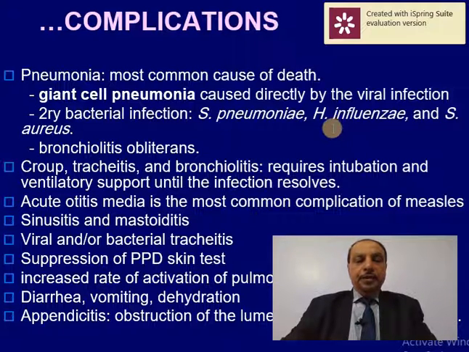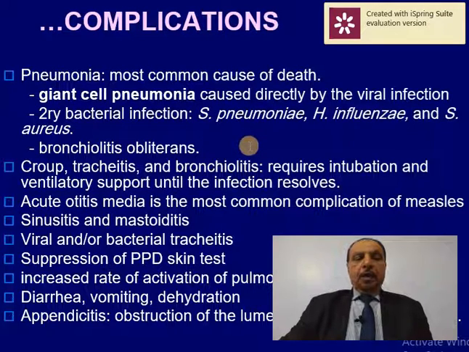Other complications like croup, tracheitis or bronchiolitis may require intubation, especially the bacterial tracheitis. Mostly it is caused by staph and will produce very thick secretion there. That's why it will block the respiratory passages. So this patient will need intubation and ventilatory support, lavage, until the infection is resolved.